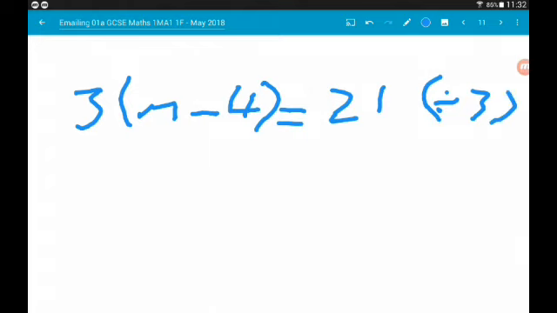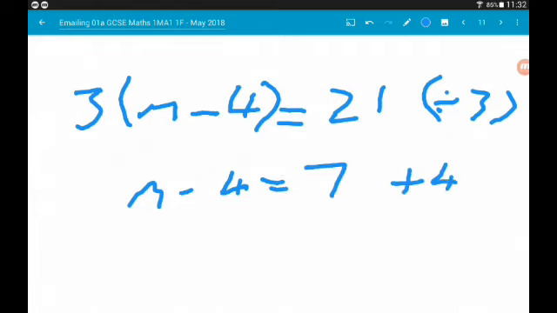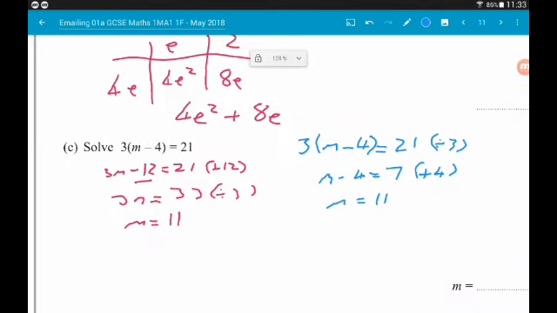So that would then leave us with m minus 4 is equal to 7, and then we want to add 4, and we get m is 11 again. So either one of those methods is absolutely fine. Cool.